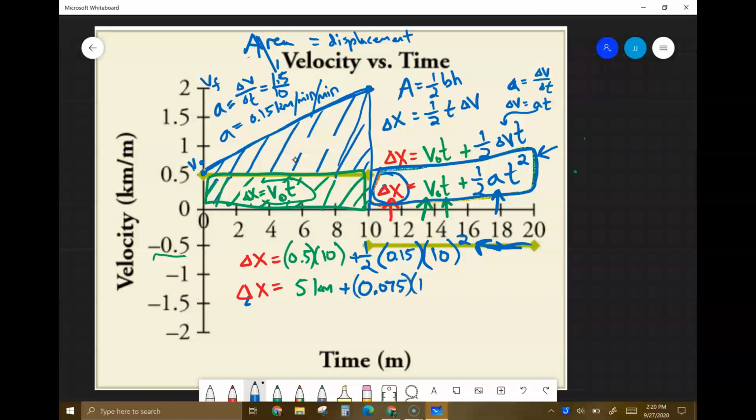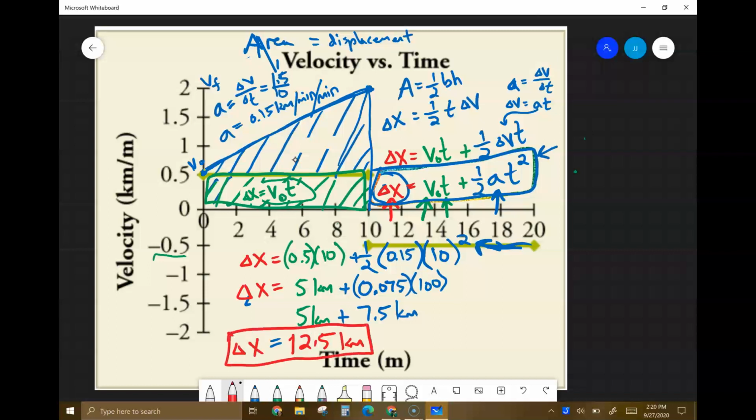Square it first before you multiply it by other stuff. 10 squared is 100. So I get, again, 5 kilometers plus 100 times this, so 7.5 additional kilometers, which gives me 12.5 kilometers total displacement. There we go.